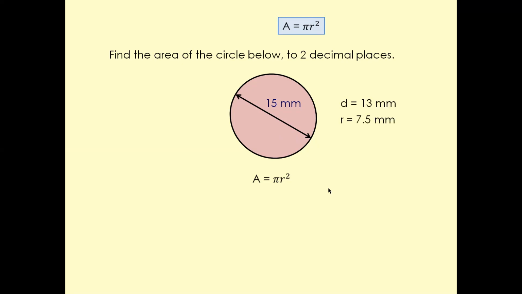We know the formula to calculate the area of a circle is pi r squared. The diameter is 15 millimeters. The radius is 7.5 millimeters.